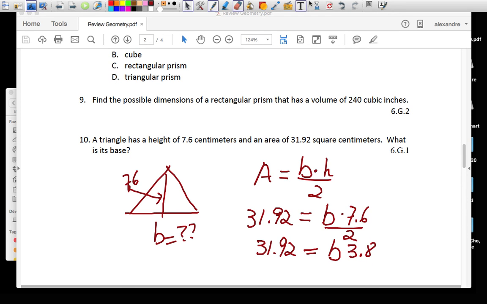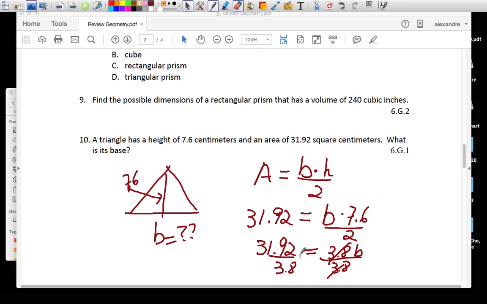Okay, so better yet, instead of writing it like that, it's easier if you write it the way I told you to write it, which is 3.8 and then b. Now this becomes an equation. Okay, this is a multiplication equation, 3.8 times b. I can divide both sides by 3.8. Okay, these two cross out, become just 1 or simply just b.